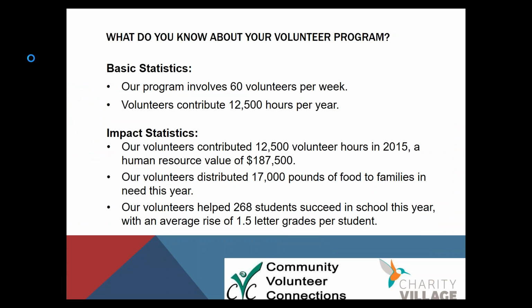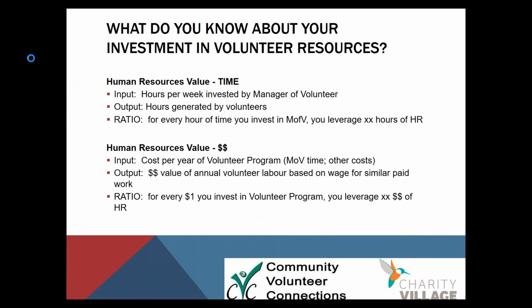All right. So here's how the ratio works. If you think about how many hours a week your manager of volunteers invests, and just for the sake of argument, we'll say they do 10 hours a week. I know they probably do more, but you'd be surprised at how much gets done in 10 hours a week.